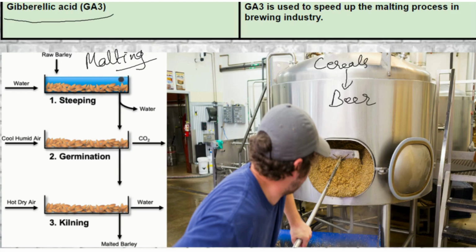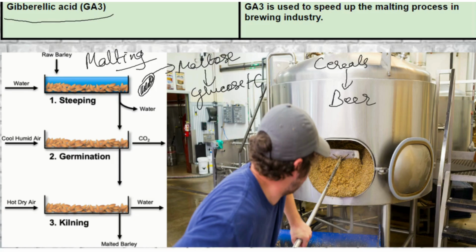By the process of malting, the enzymes present in the grains get activated, and due to this the complex carbohydrates like maltose are broken down. Maltose is broken down into glucose and glucose.